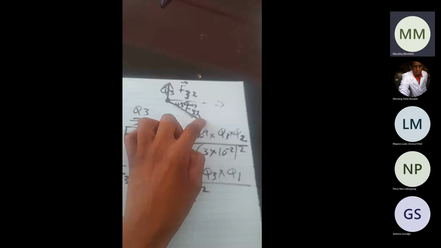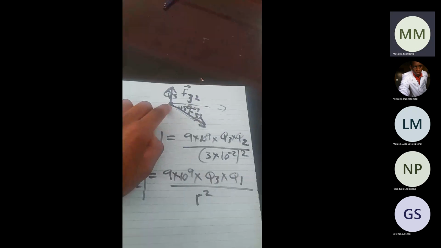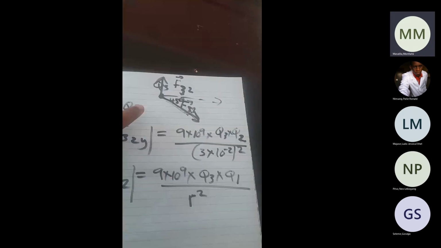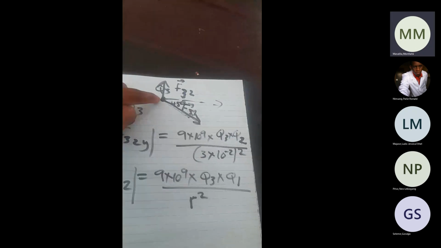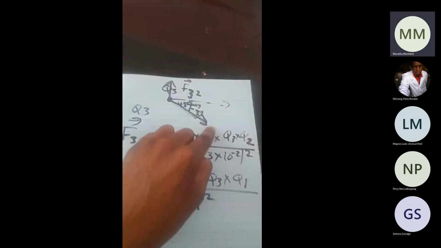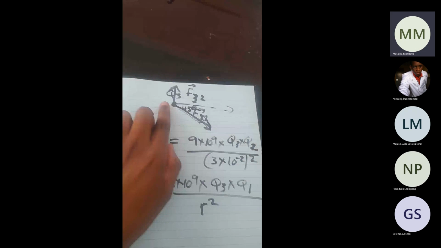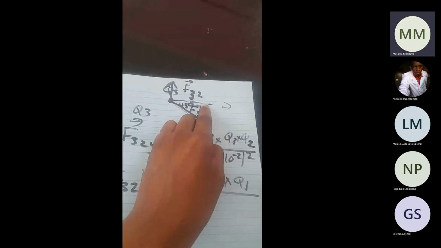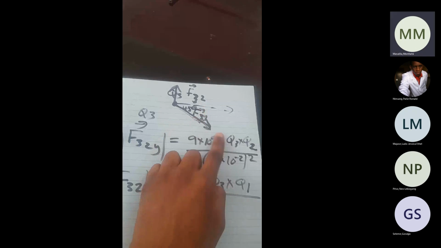Then, after we find the magnitude of force 3-2, we are going to write force 3-2 in terms of x-axis and y-axis. So let us find the magnitude then.